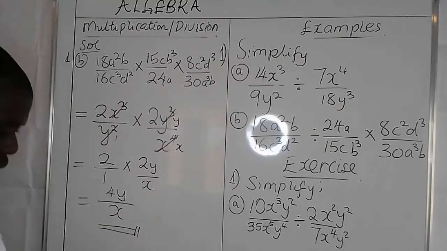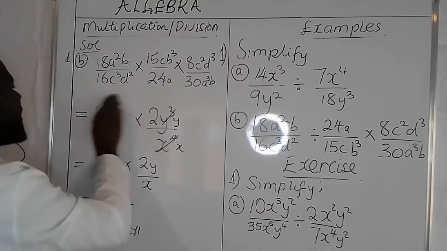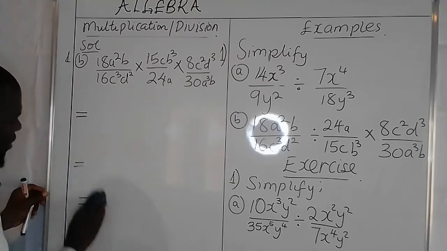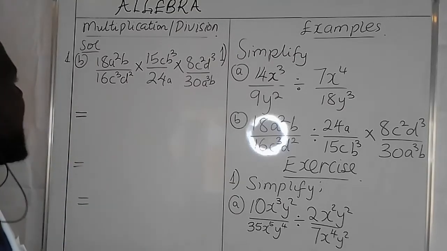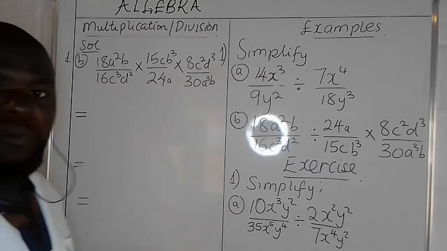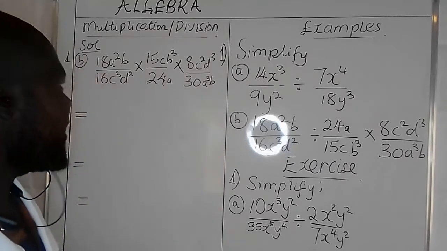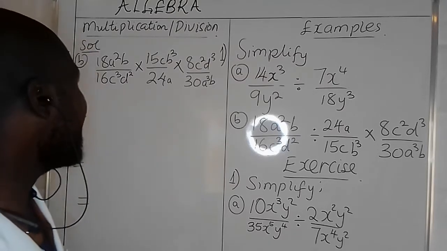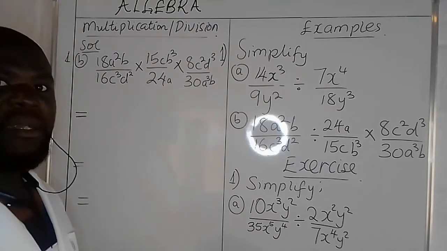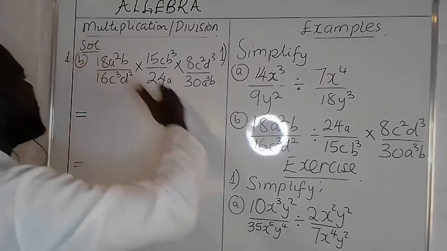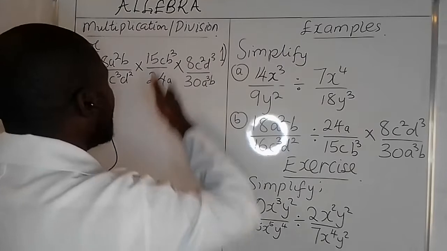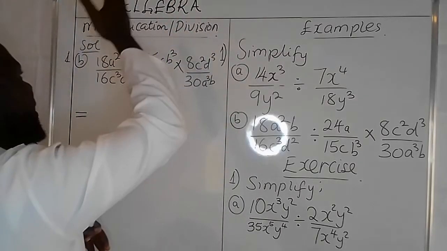Okay, let's continue. When we reach this stage, like the way we handled the previous example, we shall look for common factors both diagonally and vertically because we are multiplying.